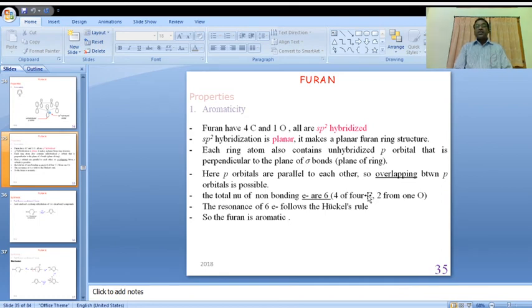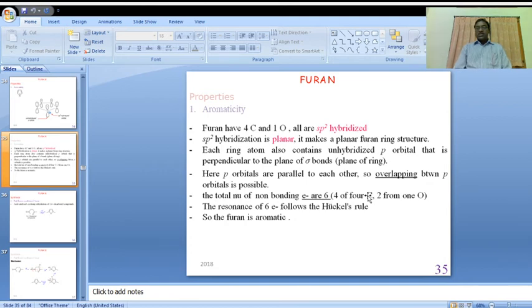All those p orbitals are parallel to each other, so overlapping between p orbitals is possible. 5 p orbitals participate in this overlapping to form a cyclic delocalized electron cloud.